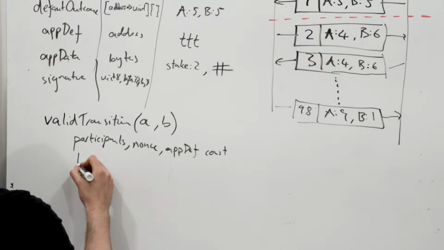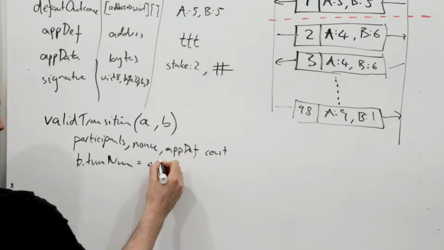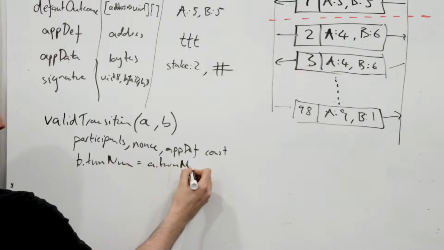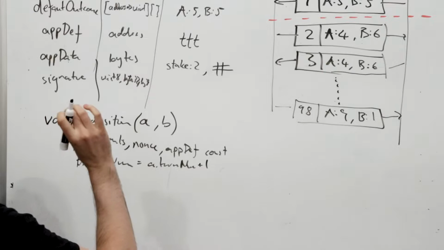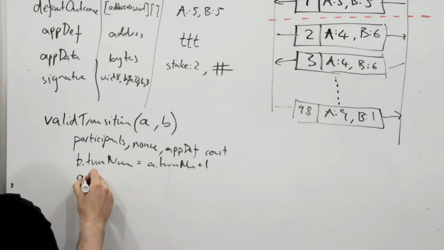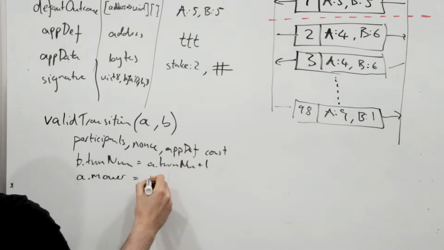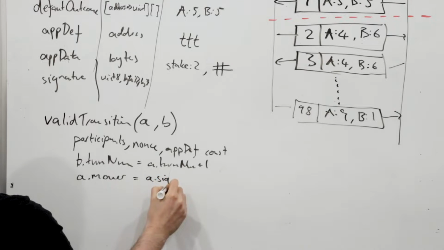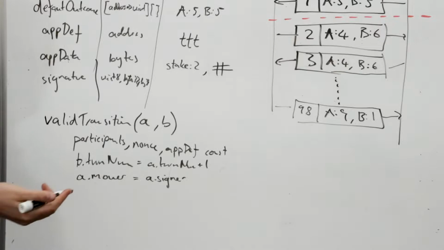We need that B.turnNum equals A.turnNum plus 1, so the turn number must increase. We need that A.mover equals A.signer. What does that mean? It has to be signed by the person who's making the move. How do you calculate the person that's making the move?